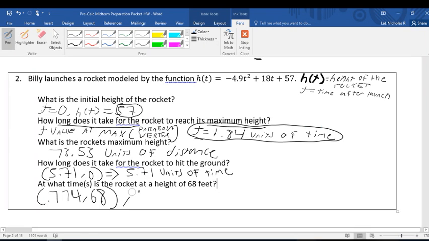So we have another intersection at 2.968. So when does the rocket have a height of 68 feet? I guess these units of distance are feet. We have times at 0.774 and 2.9 units of time.